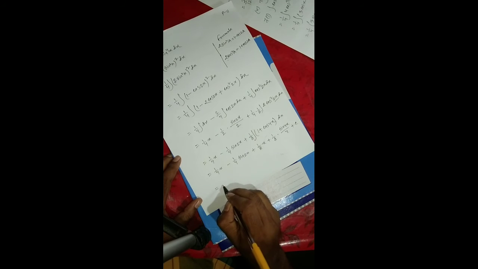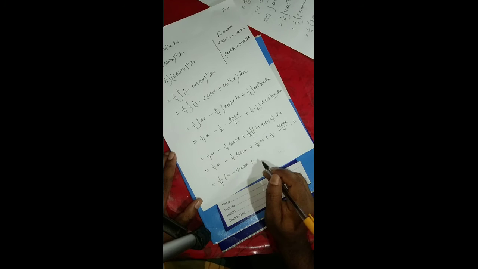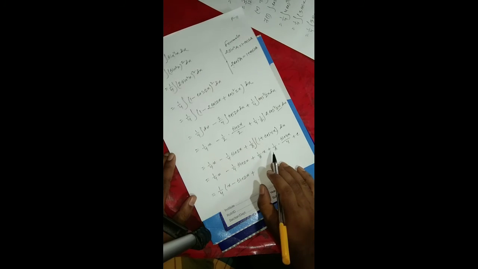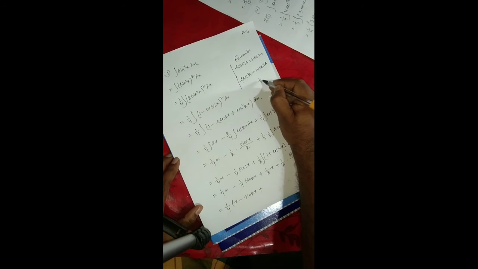At first we take common term 1 by 4, x minus sin 2x plus, here common 1 by 4, so 1 by 8 divided by 1 by 4. 1 by 8 multiplied by 4 by 1 is half.